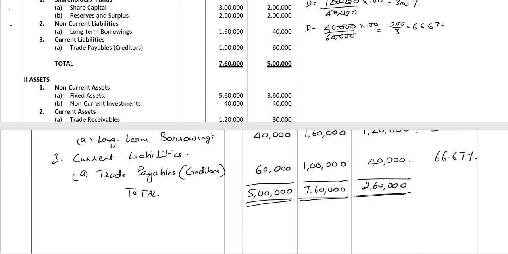Difference between 7,60,000 and 5 lakh. And finally, for the column D, we have 2,60,000 divided by 5 lakh multiplied by 100. We have 52%.